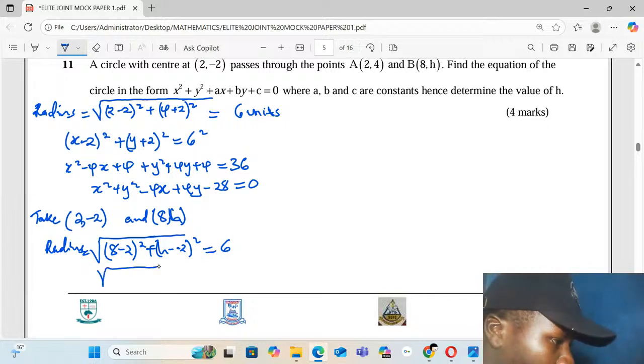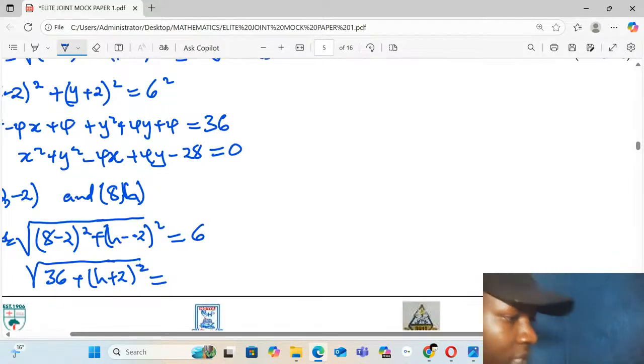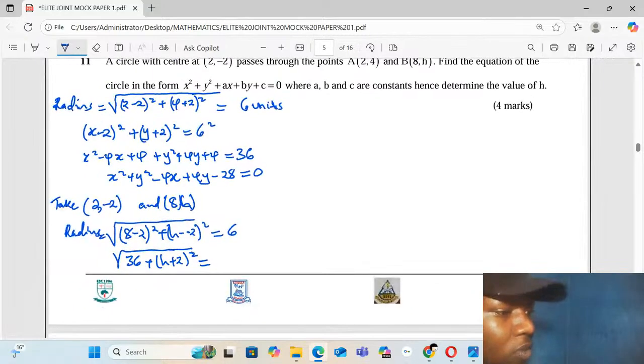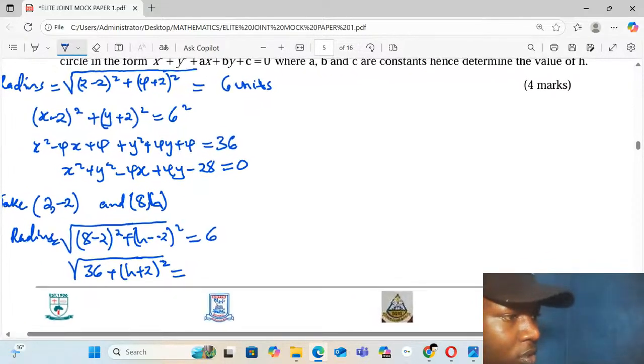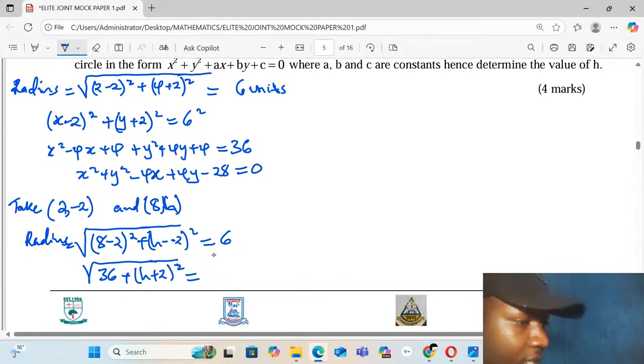So we're going to have the square root of 36 plus h plus 2, minus becomes positive, (h + 2) squared is equal to 6.